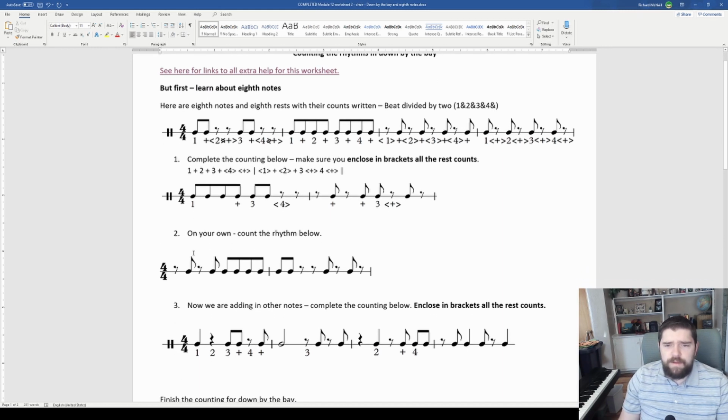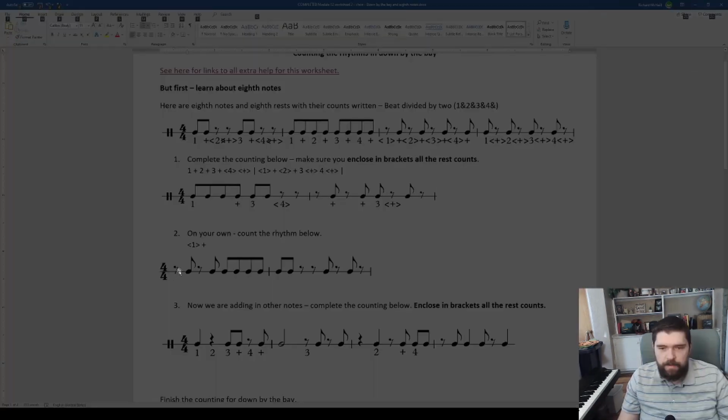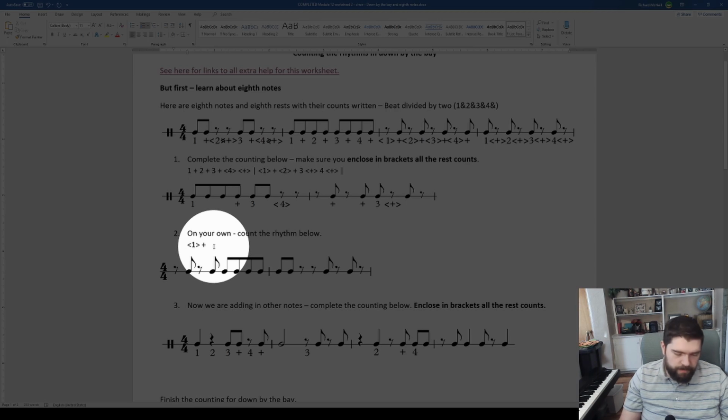All right, now this next one, it's asking for you to do on your own the rhythm below. So you investigate this. The first number is in a bracket. Then we have the and for the beat for the eighth note here. Okay, that's these first two symbols after the 4/4 time signature. 1 and then beat 2 is in a rest.